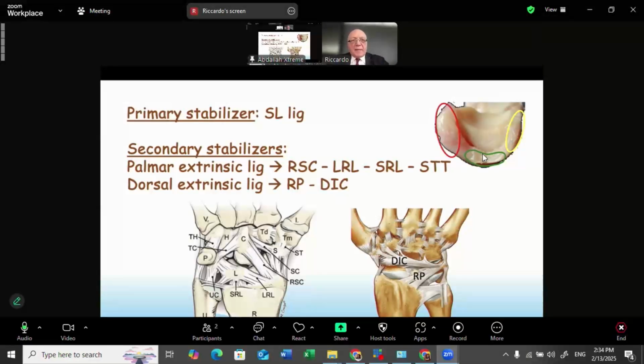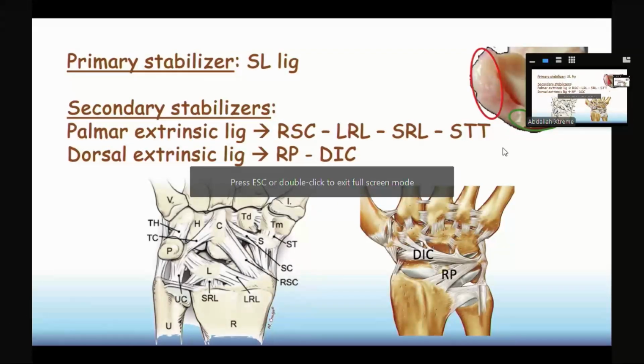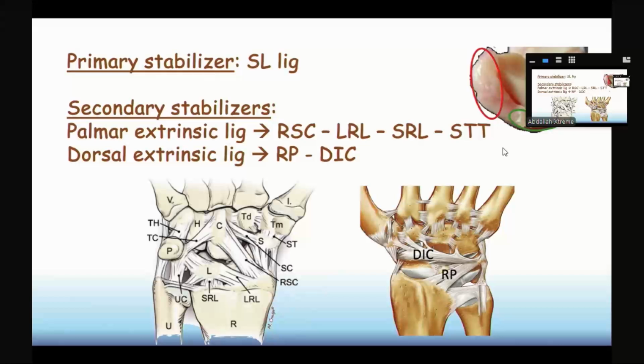The secondary stabilizers are the palmar ligament. This is a very complex condition of the ligament wrist.